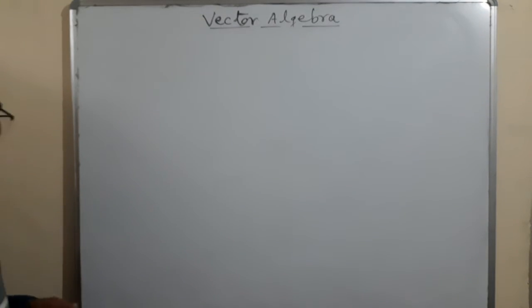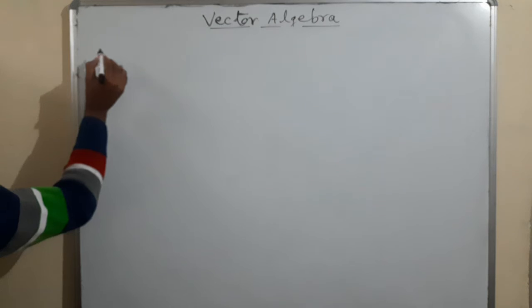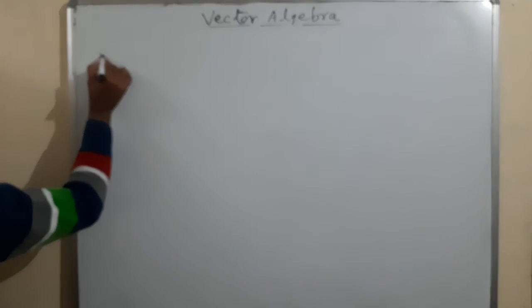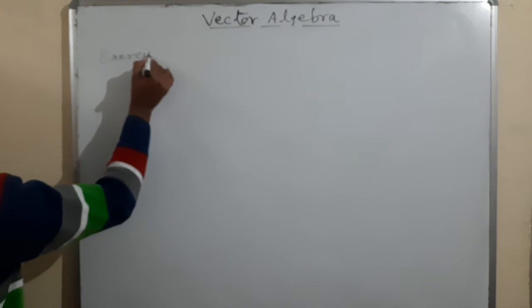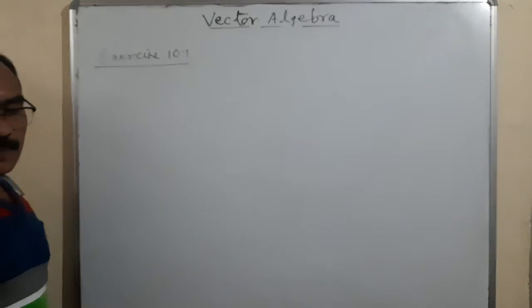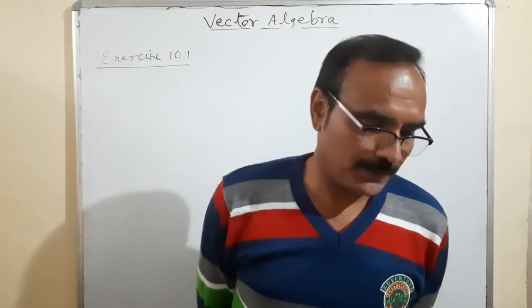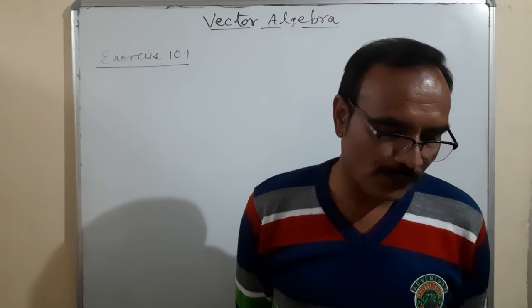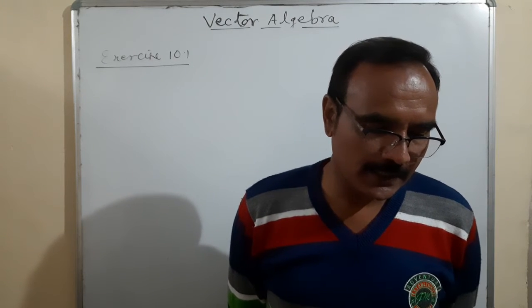Exercise 10.1, question number 1. Represent graphically the displacement of 40 km, 30 degrees east of north.